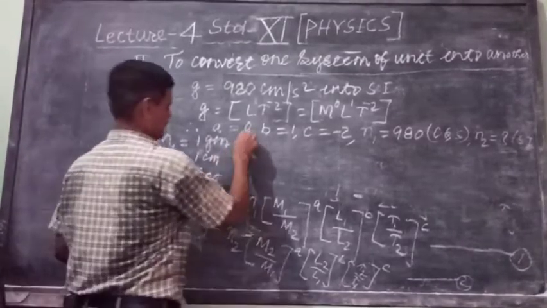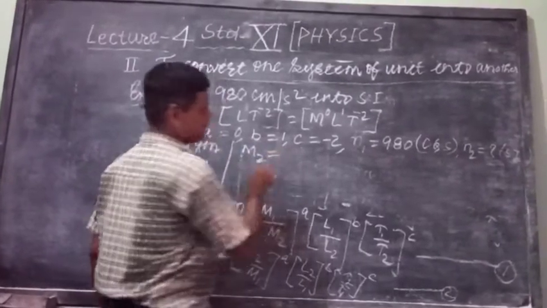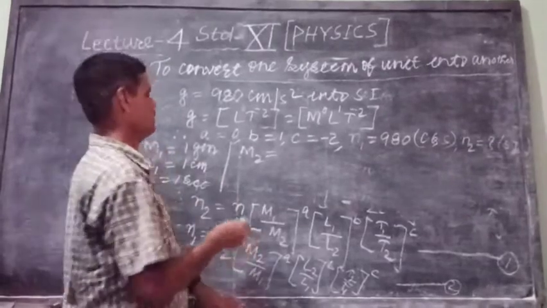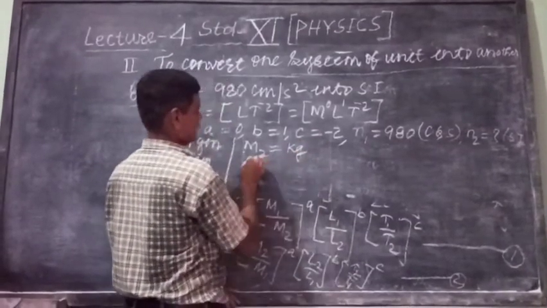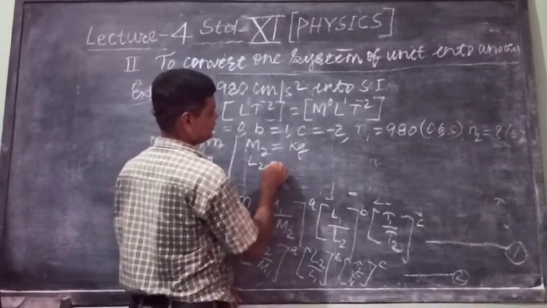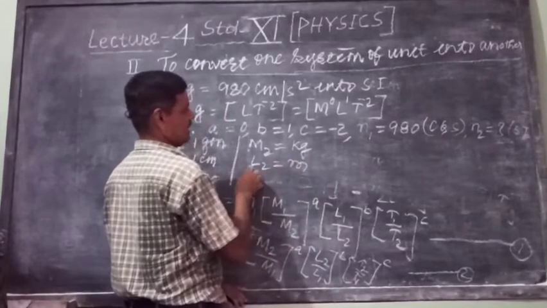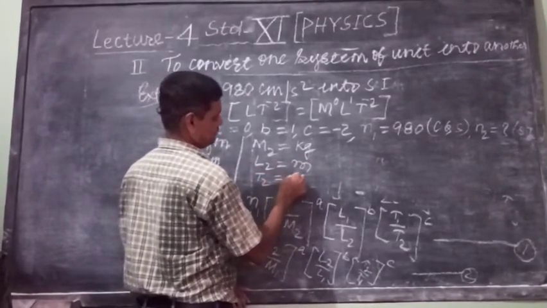M2, since we have to convert into the SI system of unit, the mass will be in kg, length should be in meter, and T2 will be in second.